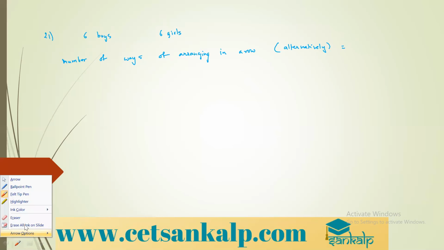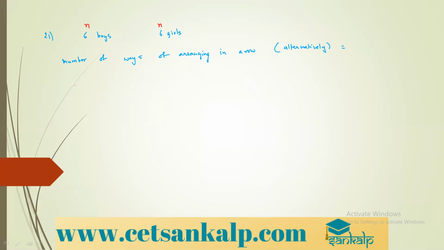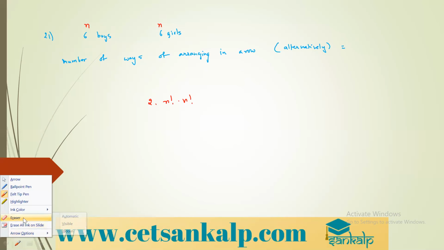So for this also, we have a formula. If you have n things of one type and n things of another type, and they are to be arranged alternately, the formula is 2 into n factorial into n factorial.